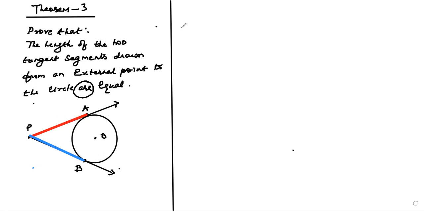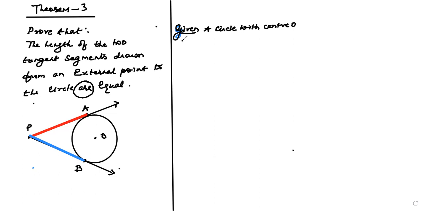So given, the first thing, the figure is here, children. The figure I've shown you here, but listen, given is what? Given, a circle with center O. What else is given, children?